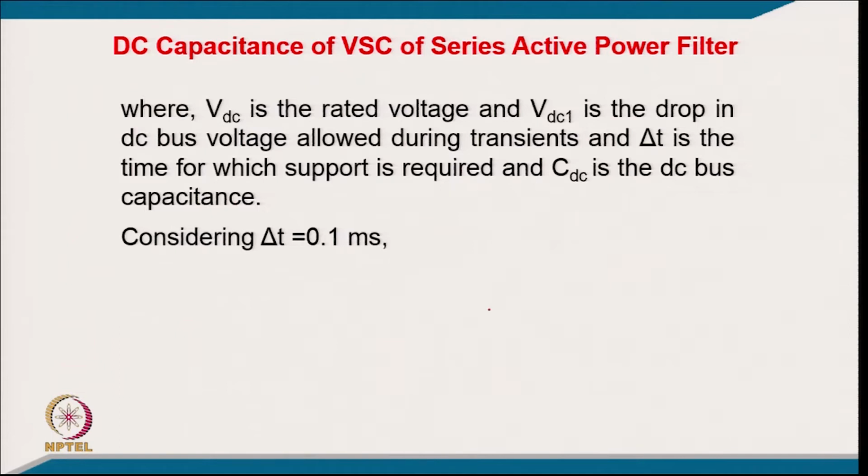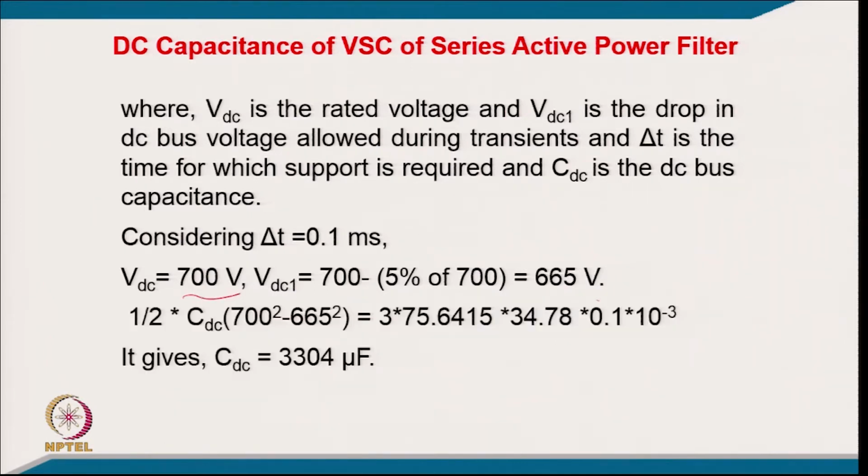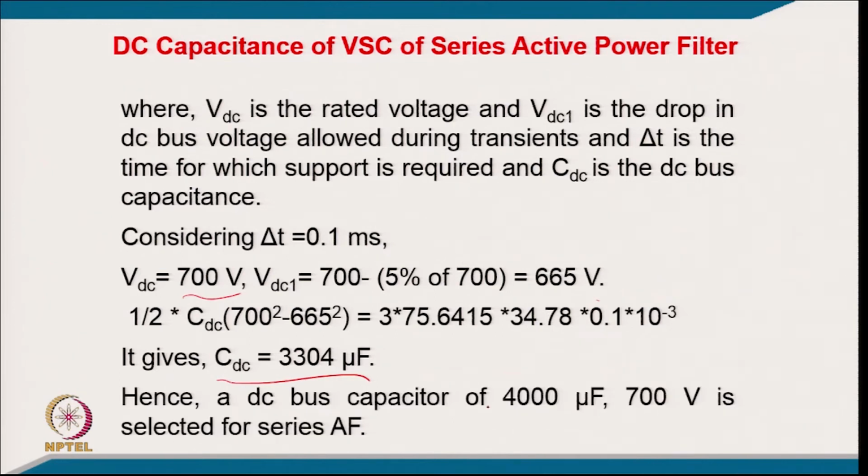We consider delta T equal to 0.1 millisecond. VDC is normally 700 as reference, with a 5% reduction it becomes 665, and putting in all the values, the capacitance comes to 3304 microfarad. Hence a DC bus capacitor of 4000 microfarad with 700 volt rating is selected for the series active power filter.